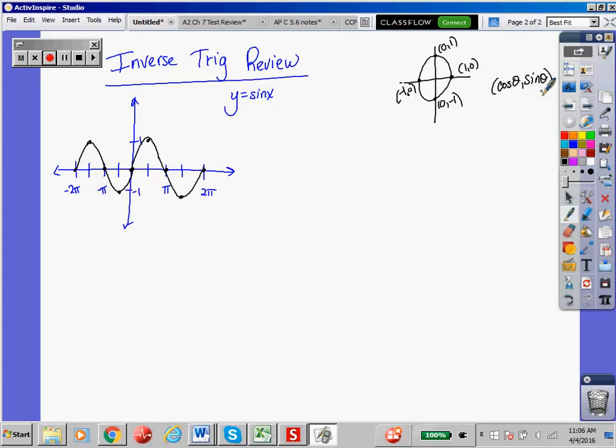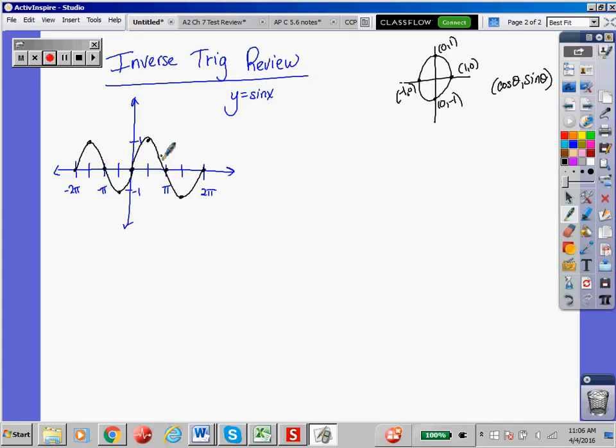So when we talk about inverses, an inverse has to pass the horizontal line test. And right now, if I were to draw a horizontal line through the sine curve, it would fail.